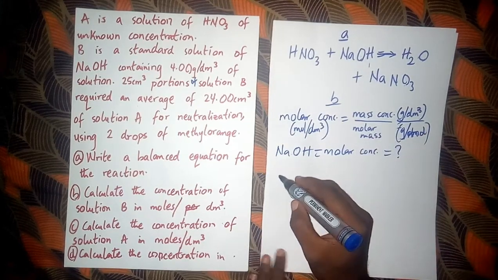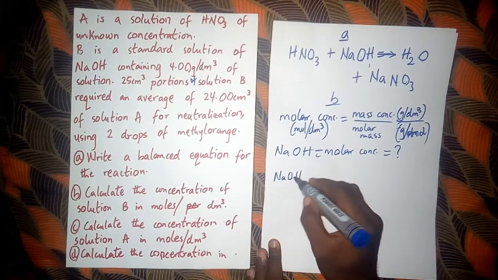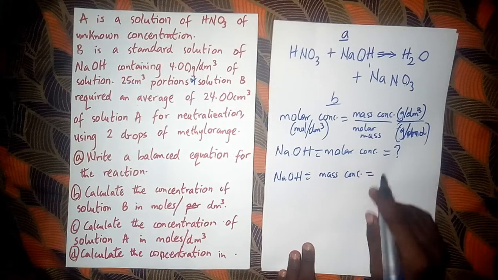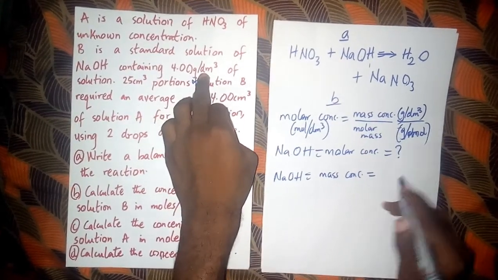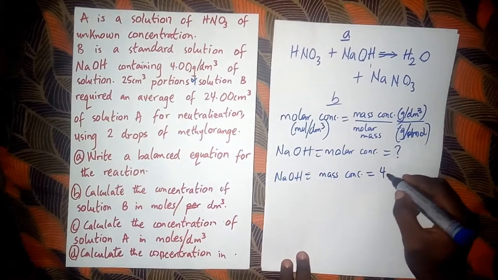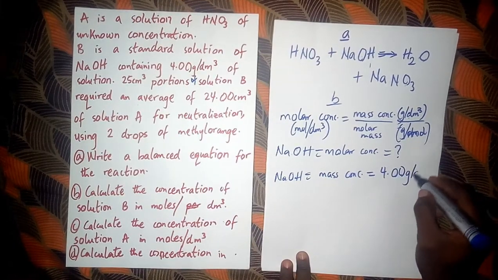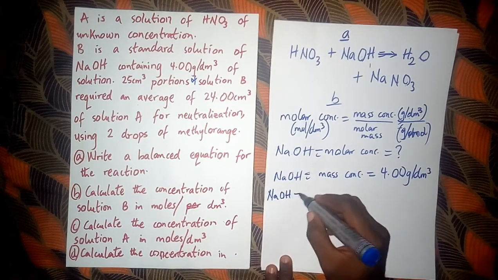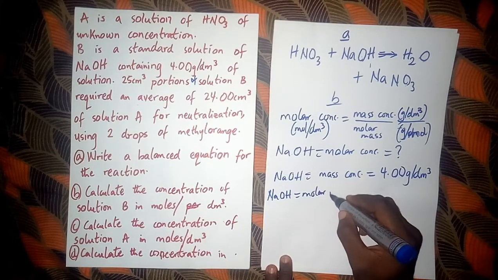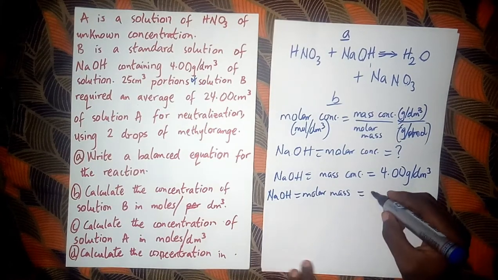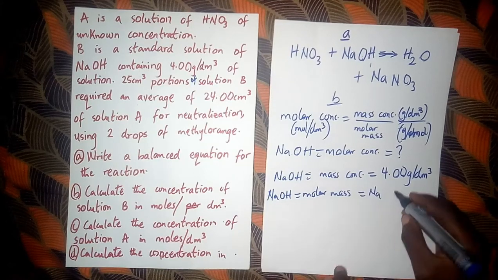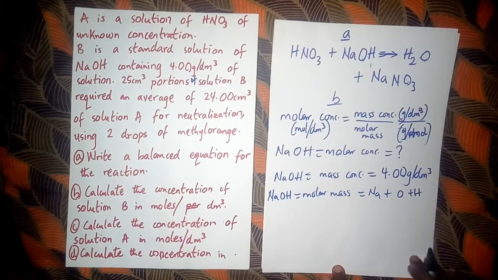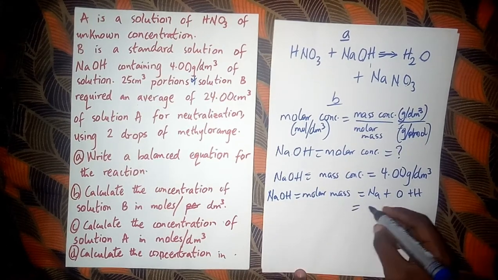For sodium hydroxide, we know that the mass concentration is 4.00 gram per dm cube. For the same sodium hydroxide, the molar mass is the sum of sodium, oxygen and hydrogen.